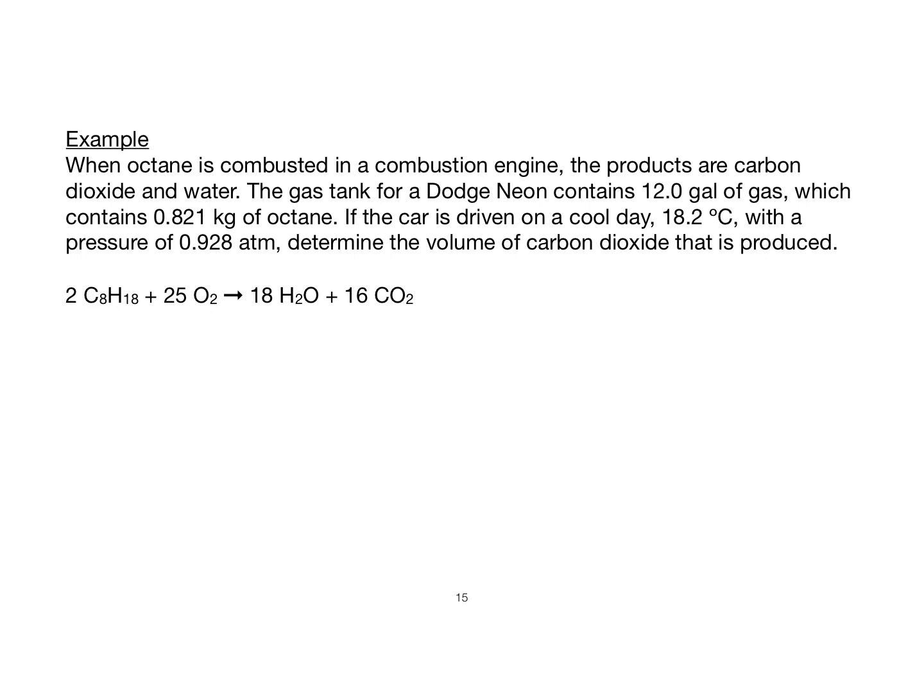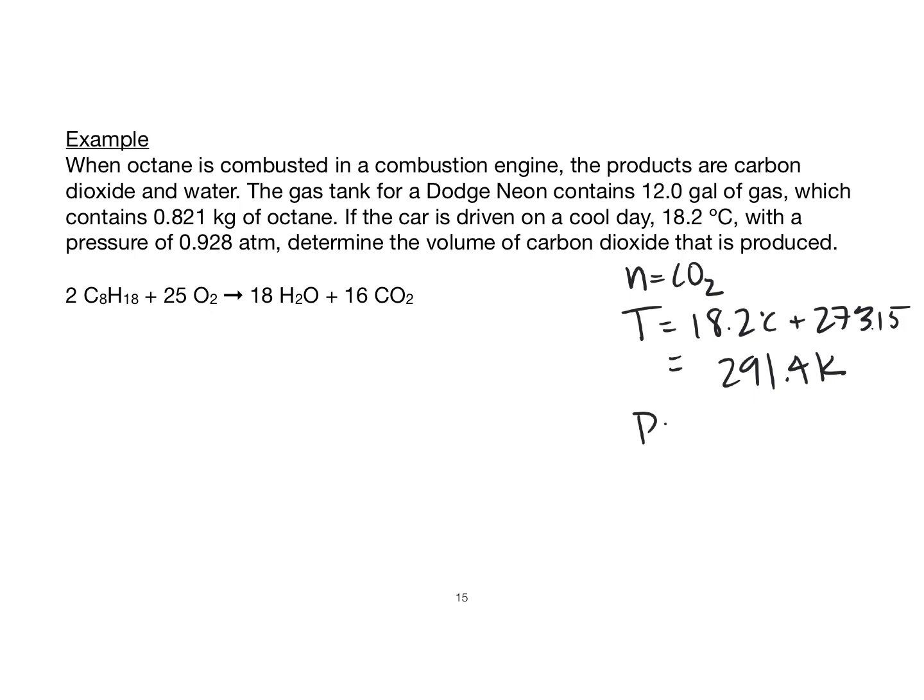So we are looking for n of CO2. We know that the temperature is 18.2 degrees Celsius plus 273.15, and that gives me 291.4 Kelvin. We know that the pressure is equal to 0.928 atmospheres, and we are looking for the volume.